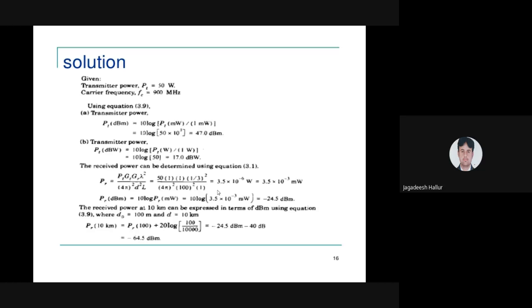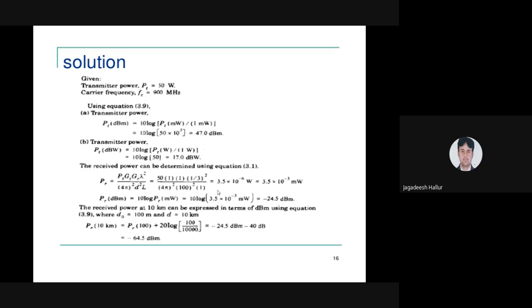PT will become 50 watts. Carrier frequency is 900 megahertz. Transmitter power PT is 50 watts, carrier frequency FC is equal to 900 megahertz. What do you have to calculate? You have to calculate the transmitter power in dBm and dBW. Before that, you have to calculate the total power, that is PR.